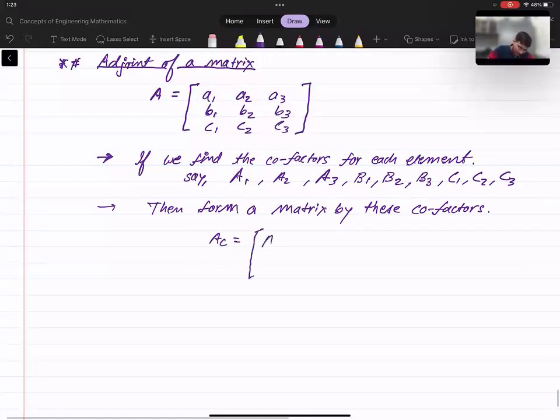So this will be, say, A1, A2, A3, B1, B2, B3, C1, C2, and C3. So these were cofactors corresponding to the elements of A. Okay. So this is known as the cofactor matrix. Now, if we take the transpose of this matrix, then the matrix which will be obtained will be known as the adjoint of A.